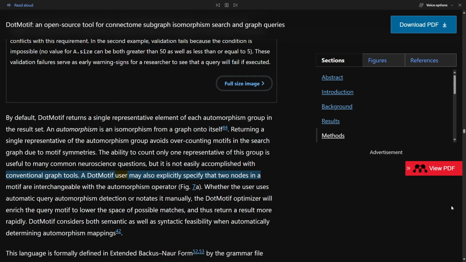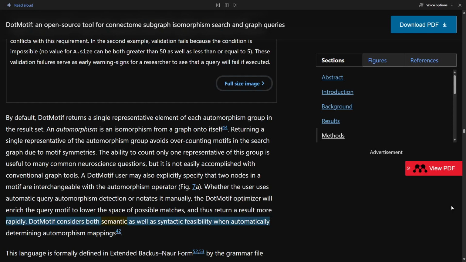A DotMotif user may also explicitly specify that two nodes in a motif are interchangeable with the automorphism operator, Figure 7a. Whether the user uses automatic query automorphism detection or notates it manually, the DotMotif optimizer will enrich the query motif to lower the space of possible matches and thus return a result more rapidly.